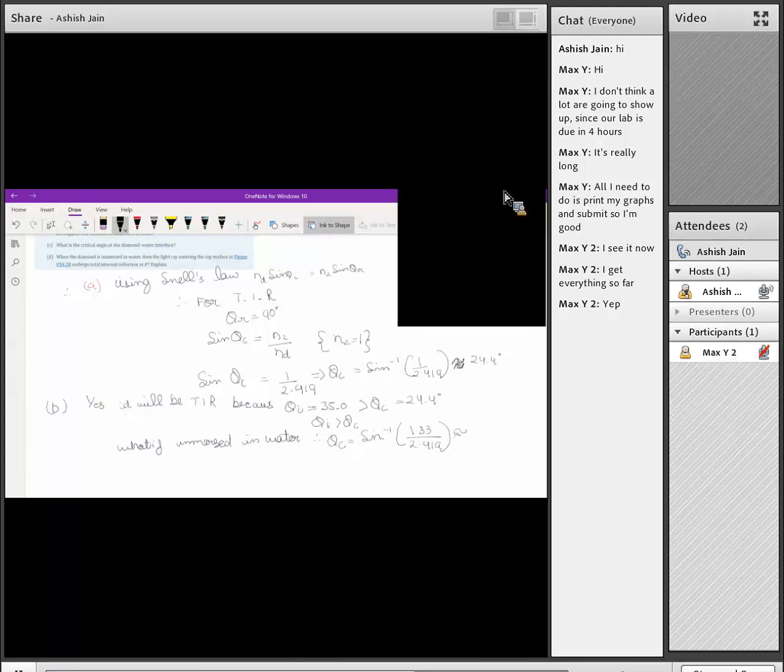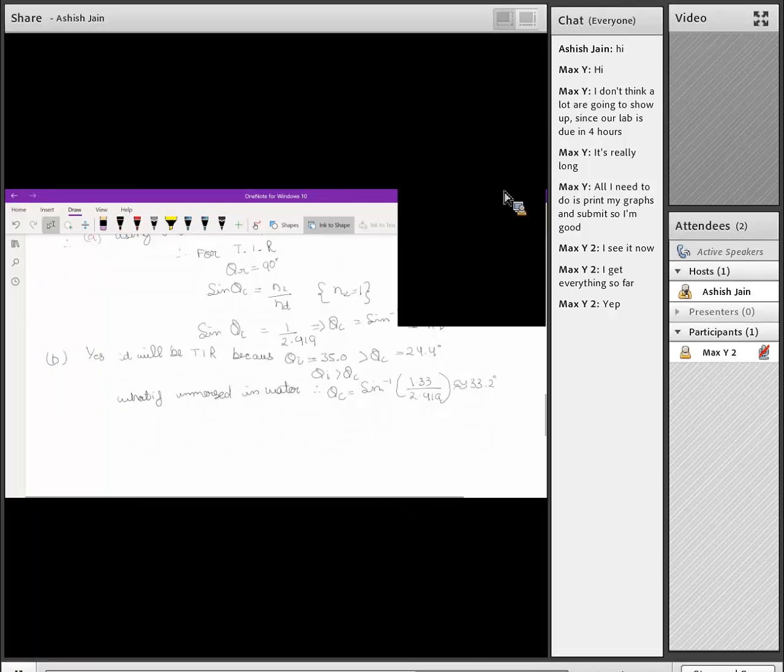That should be around 33.2. Therefore, still theta I is greater than theta C. Light will experience total internal reflection.